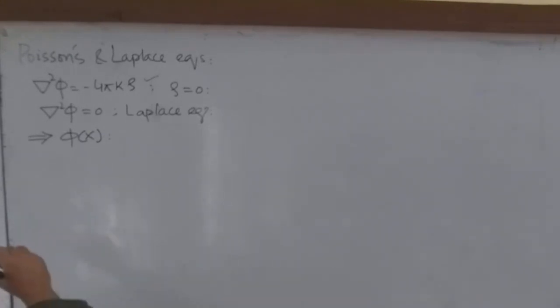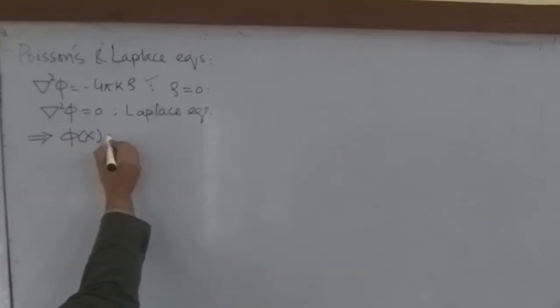Once we find this phi of x, our solution will be ready, and then on this solution we will apply our limiting conditions or boundary conditions. So, we first clear up some mathematical things which are necessary for understanding all of this.